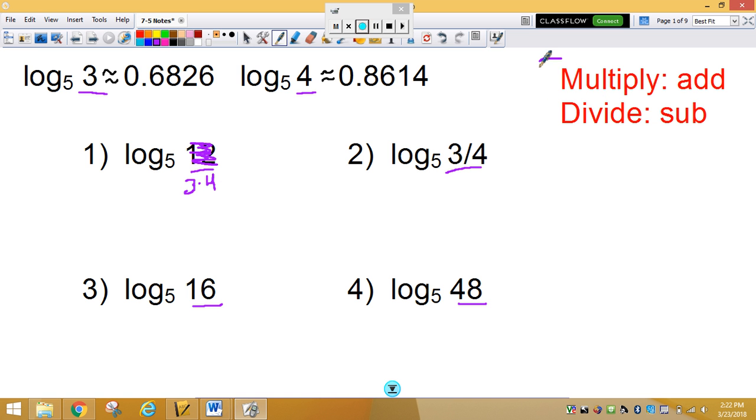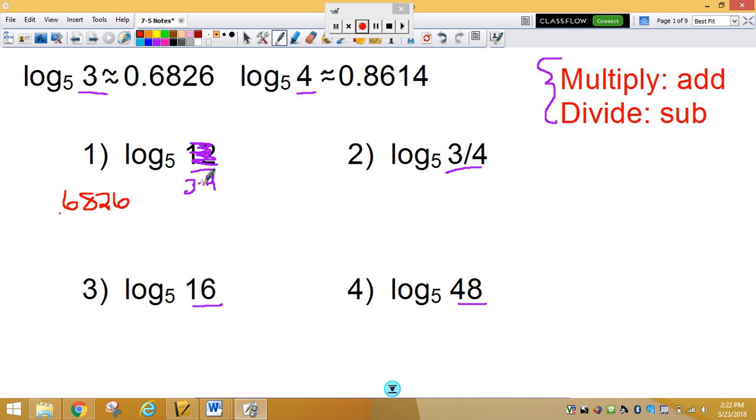And I put these rules right here. If you are multiplying, then you're going to add these logs. If you're dividing, then we're going to subtract these logs. So let me kind of break it down because I'm sure you're like, what? I know log base 5 of 3 is right here. It is 0.6826.